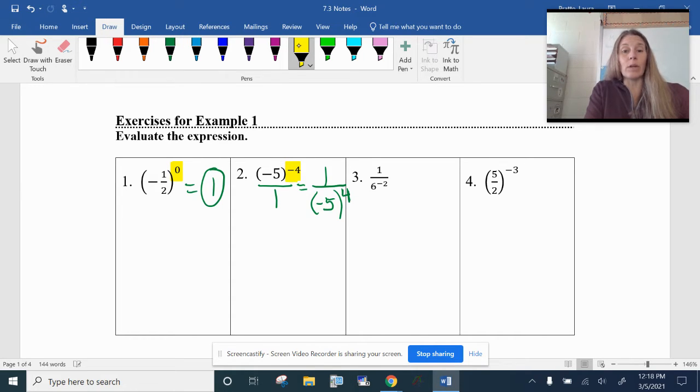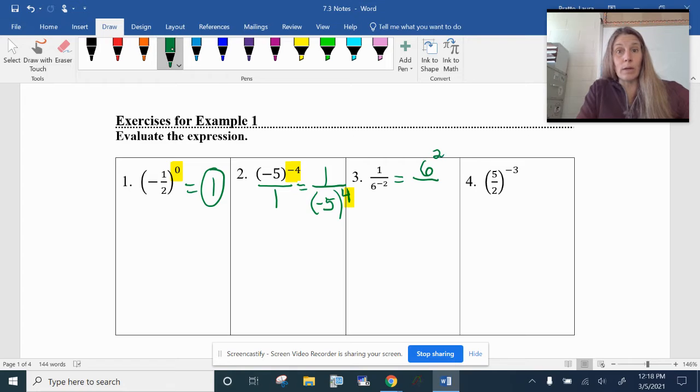So the exponent changes sign, but not the actual base. Number 3, our number is on the bottom, this power down here. So the 6 is going to move up to the top, and then my exponent 2 becomes positive, just over 1. This one could be simplified, so 6 squared is 36.